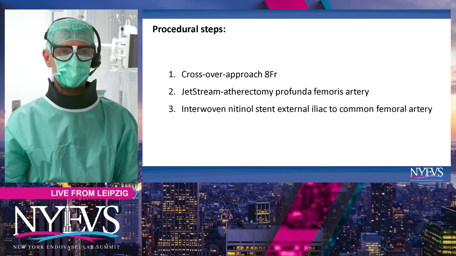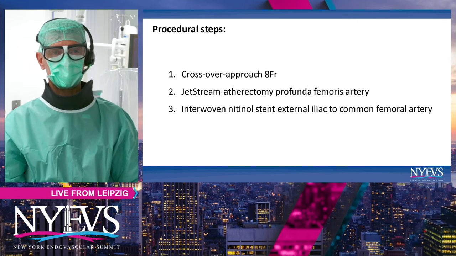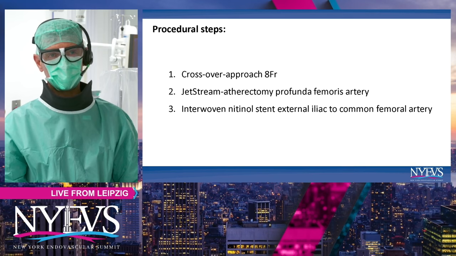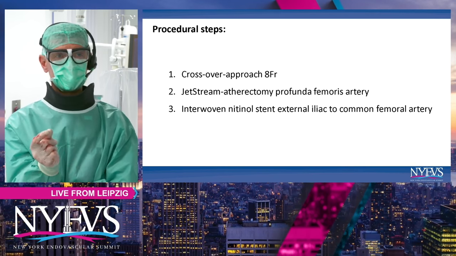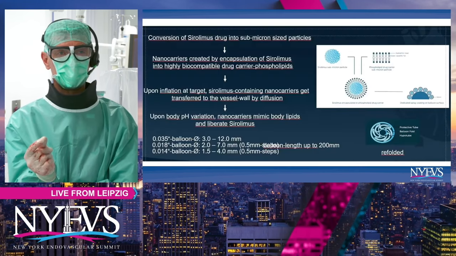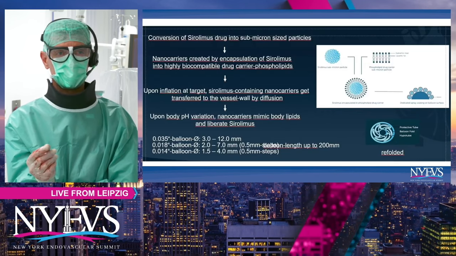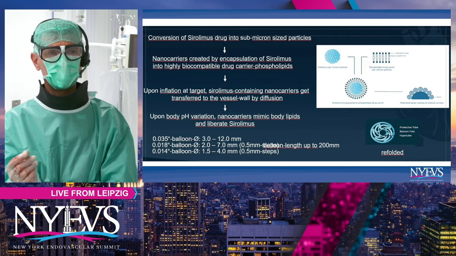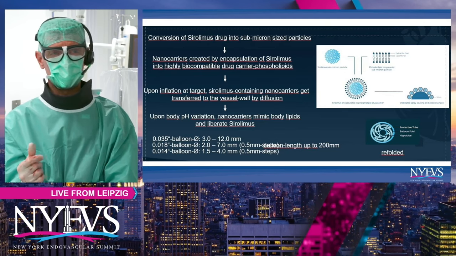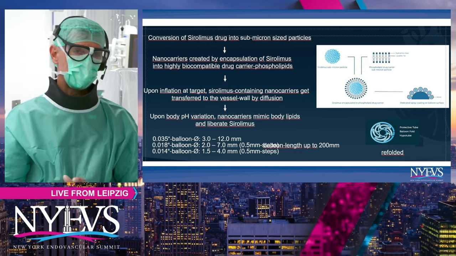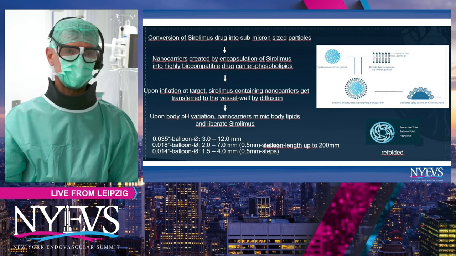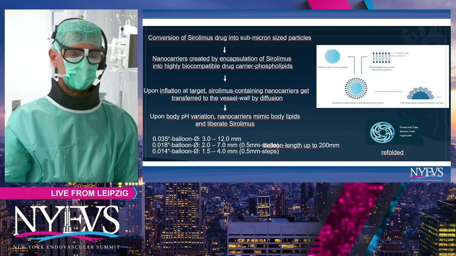Maybe an interwoven nitinol stent for the external iliac and a drug-coated balloon treatment for the profunda. Next slide shows that we want to use the Magic Touch sirolimus-coated balloon for the profunda and potentially also the common femoral artery. This is available up to a diameter of 12 millimeter.